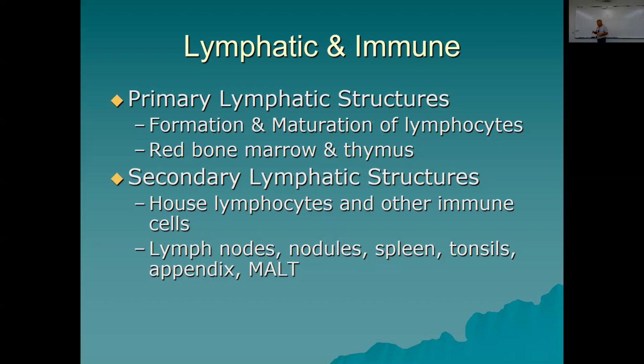So we're going to look at some secondary lymphatic structures: lymph nodes, where we talked about the lymphocytes, lymph nodules, spleen, tonsils, appendix, and MALT.